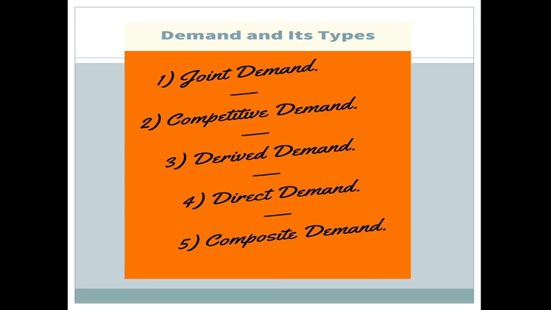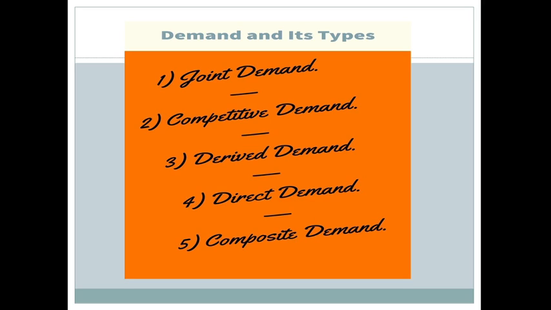To some extent, all commodities are in competitive demand with one another. It is because the purchase of more of one thing necessitates the purchase of less of others. Therefore, any change in demand for one thing to some extent affects the demand for the other.